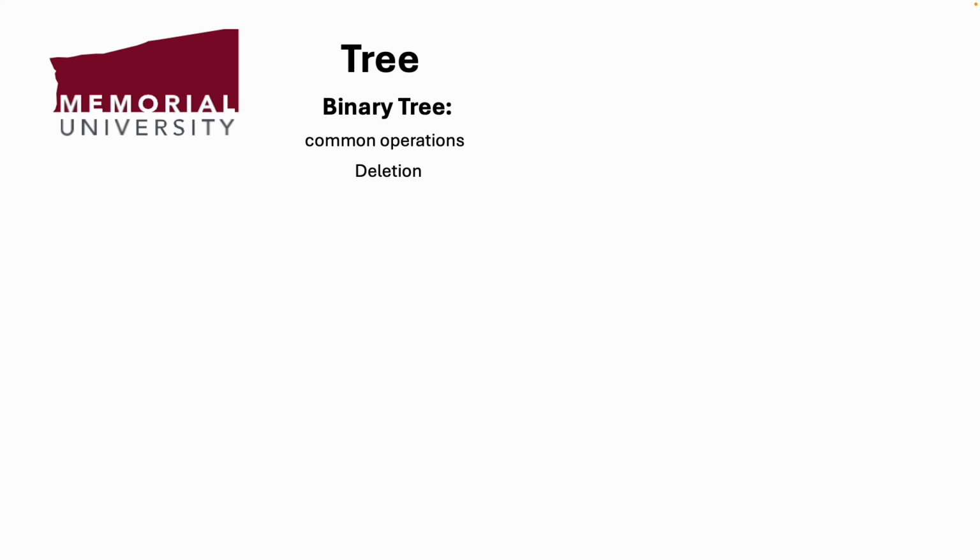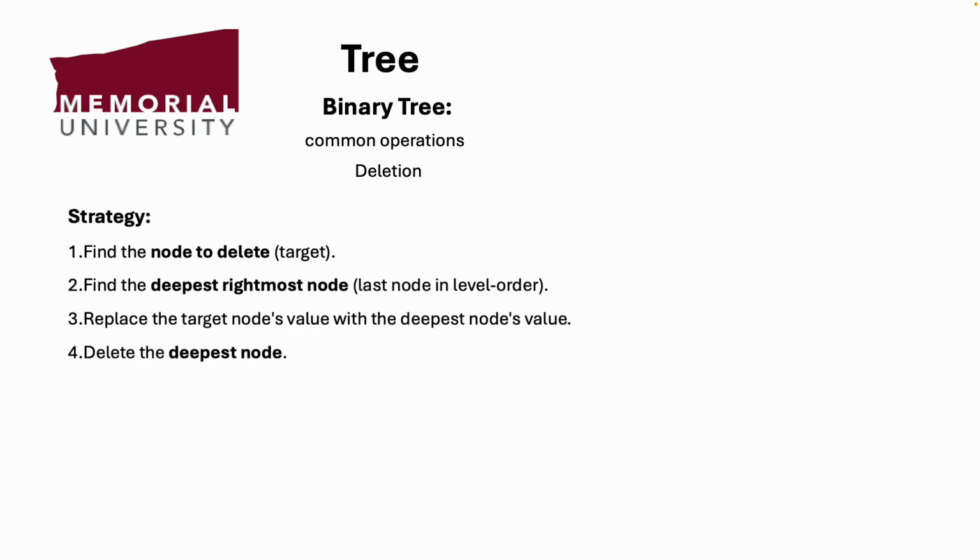All right, so now I hope you have a clearer understanding of the deletion strategy. Let's recall the steps again. First, find the node to delete, the target. Second, find the deepest rightmost node, which is the last node of the level order.